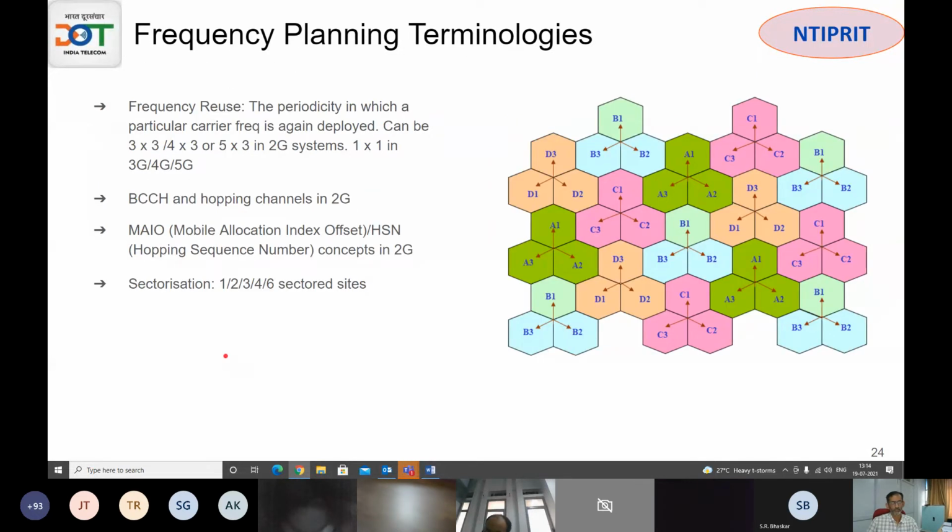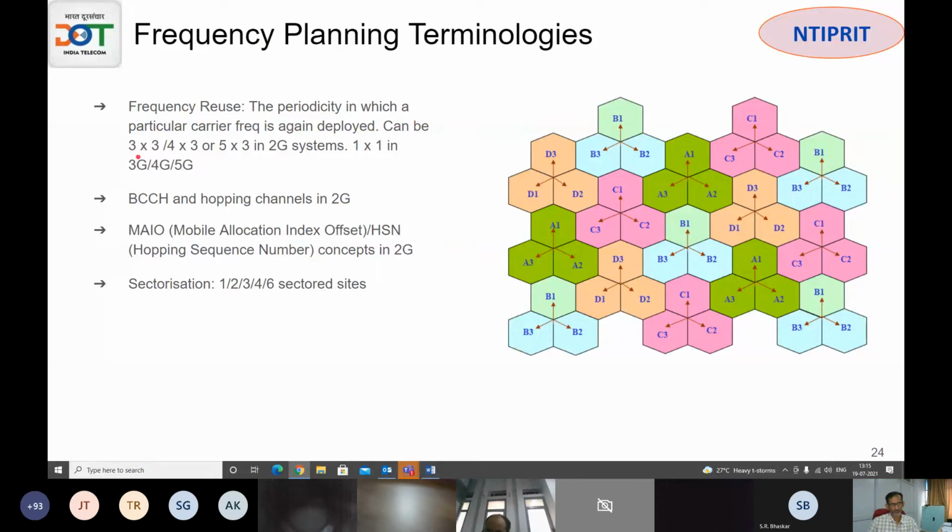So these kinds of objectives are basically behind an RF planner, and then he goes about planning. And these are some terminologies you may be familiar with. Frequency reuse: of course, in 3G, 4G, and 5G, every spot is reused in every other sector, and by using other factors only we avoid the clash. Whereas in 2G, we had a reuse concept.